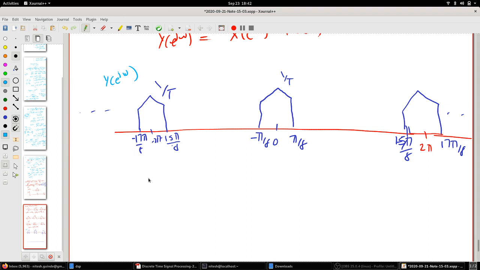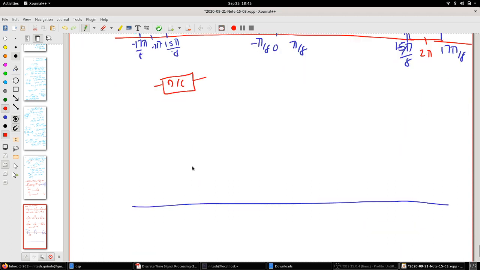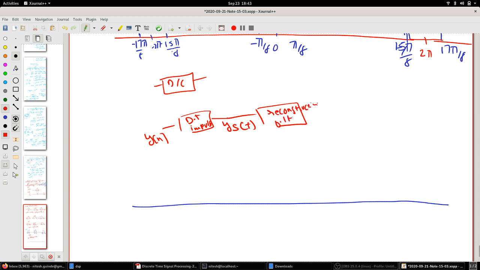So let me draw this, the D2C conversion has got, as per what we had discussed before, discrete time sequence to impulse train conversion, which is like you have y of n coming in and it gets converted to ys of t, and then you have a reconstruction filter with a cutoff of pi by t, and you get your output, which is yr of t.